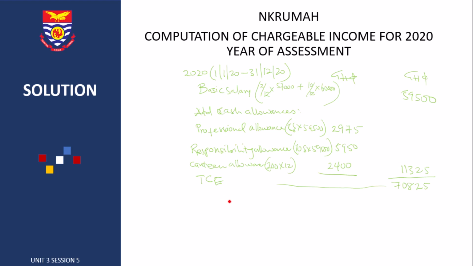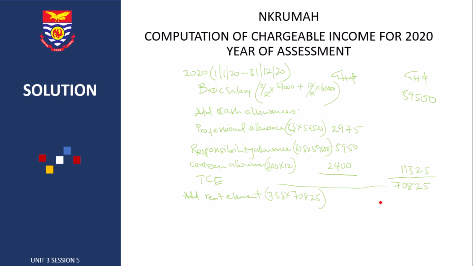In this question, she was provided with accommodation only. So now we move to add rent element. Accommodation only, the percentage is 7.5, and this is of total cash emolument.